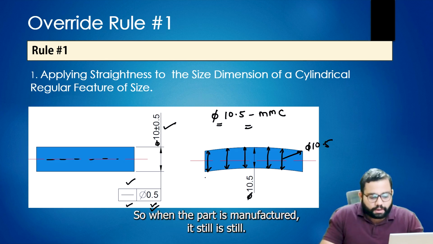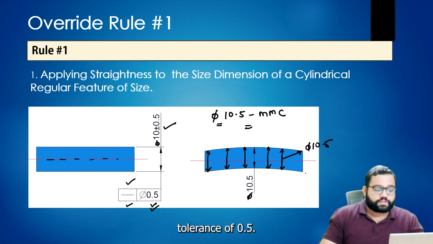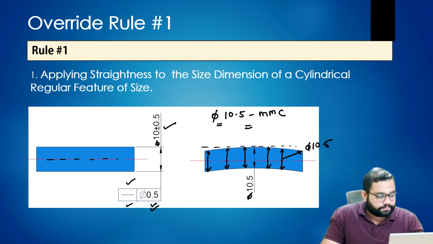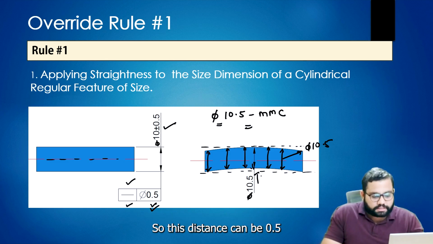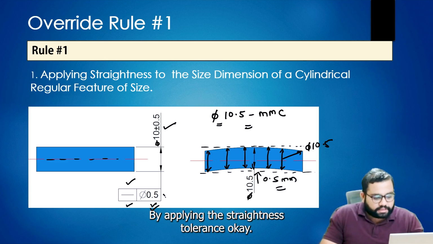Still in this case we have the tolerance of 0.5 mm. So this overall size can have the maximum variation of 0.5 mm. This distance can be 0.5 mm by applying the straightness tolerance.